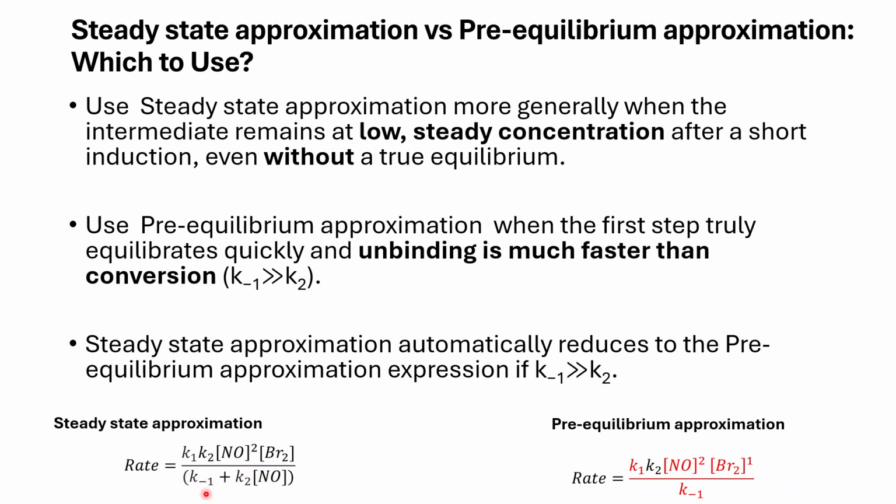If this is very large, then k-1 plus k2 multiplied by [NO] will be approximately equal to the value of k-1. Therefore, the steady-state approximation can be reduced to the pre-equilibrium approximation. You will see that these two will be the same if k-1 is a very large value compared to k2.